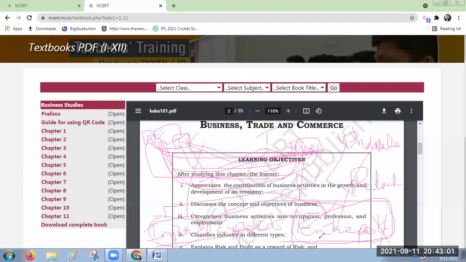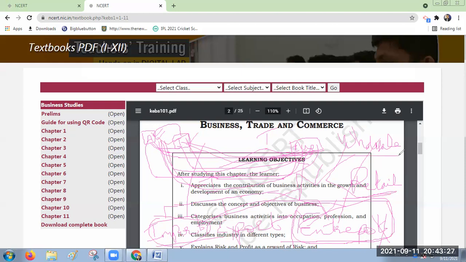Whereas coming to national trade, what is wholesale trade? When large scale purchases and sales take place, that is known as wholesale trade. Opposite to that is retail trade. When sales or purchases are small in nature, that trade is known as retail trade.